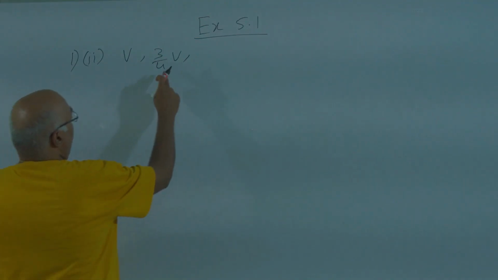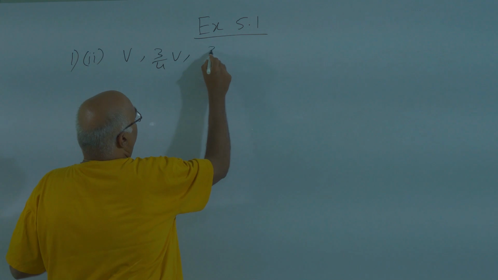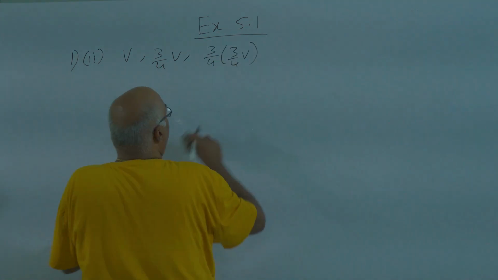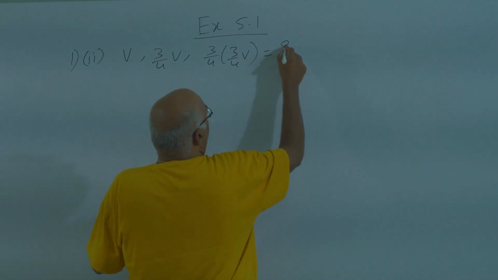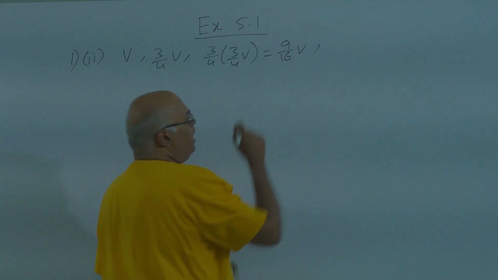After removing 1/4 of the volume from 3/4 V, we get 3/4 into 3/4 V, which is equal to 9/16 V.